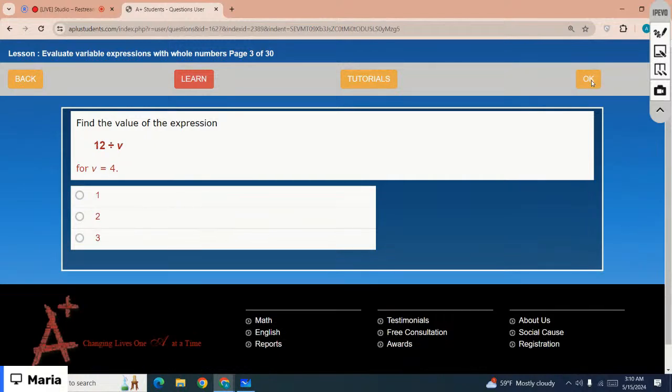Okay, find the value of the expression 12 divided by v. So which is the correct option? You have to replace the v by 4.